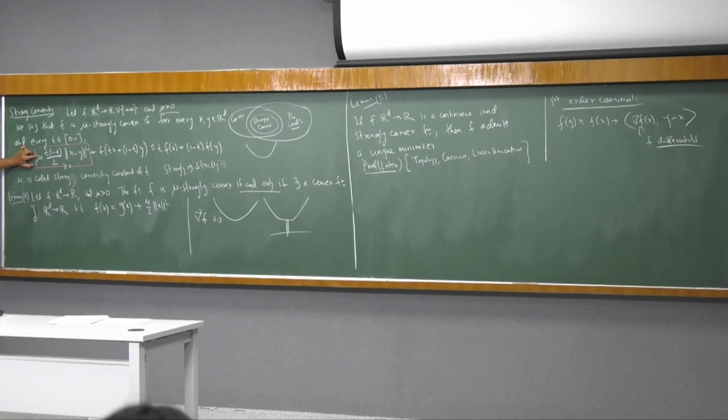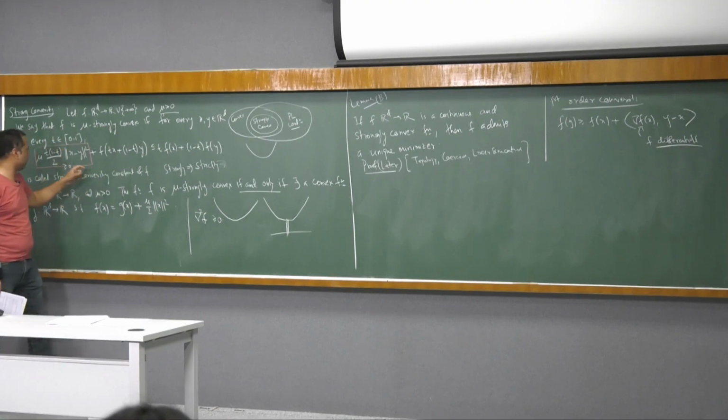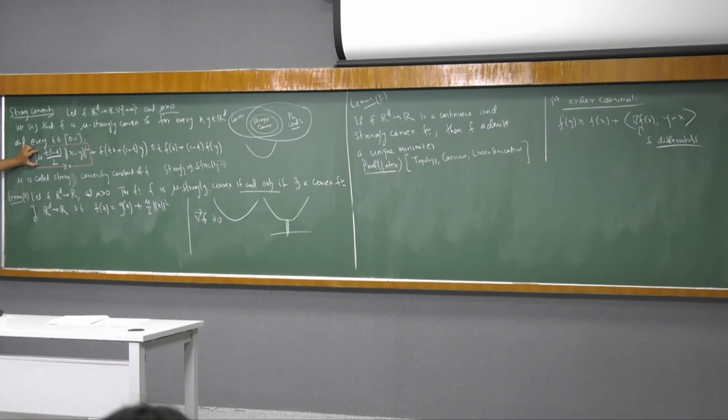So if there is a strict inequality, then there seems to be a gap between this and this, which allows me to introduce this as well for a mu small enough, which needs maybe proof, okay, but it seems that I can put this term and it becomes strongly convex as well. Okay, so there is a leverage if there is a strict inequality.